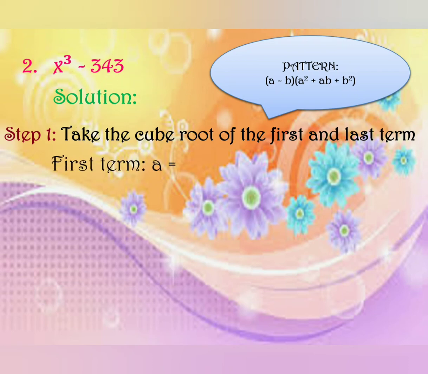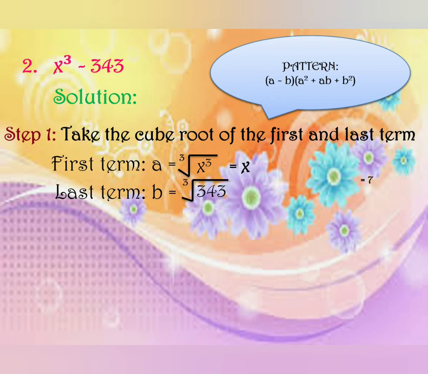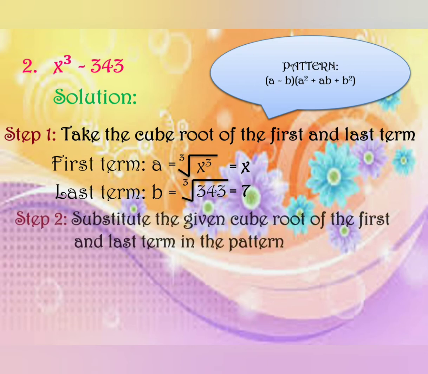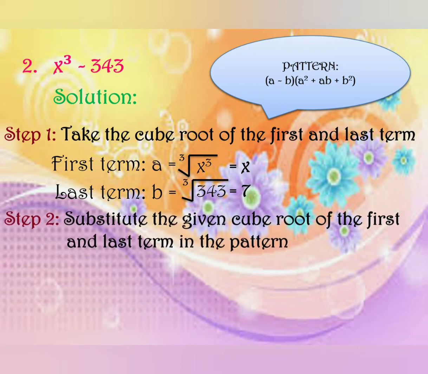Our first term is x cubed, so the cube root of x cubed is x. Our last term is 343, so the cube root of 343 is 7. Step 2, substitute the cube roots of the first and last term in the pattern. So we have a equals x and b equals 7.